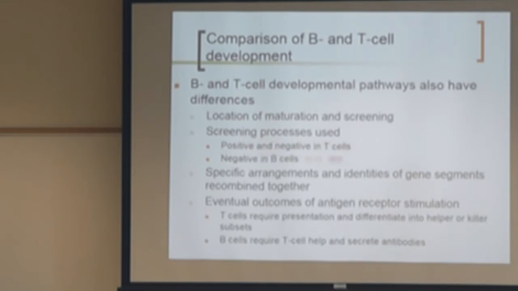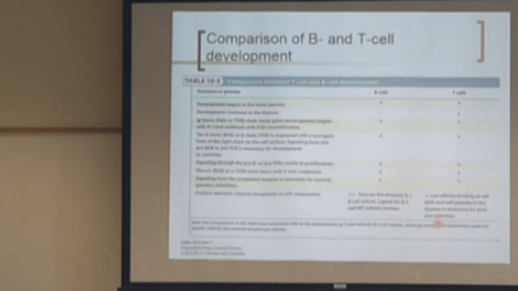Positive and negative selection occurs in T cells, whereas only negative selection occurs in B cells. T cells require presentation in MHC. B cells do require T cell help to secrete antibodies, but they don't have MHC restriction like T cells do.